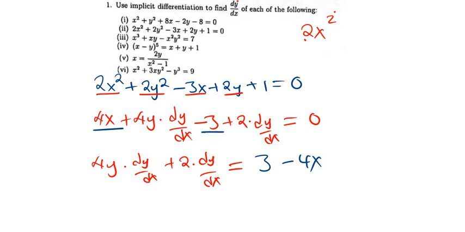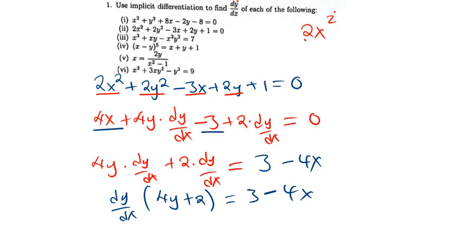At this point we can factor out dy dx. What remains, we'll have 4y for the first part and the 2 for the second part, equal to 3 minus 4x. You can divide both sides by 4y plus 2.